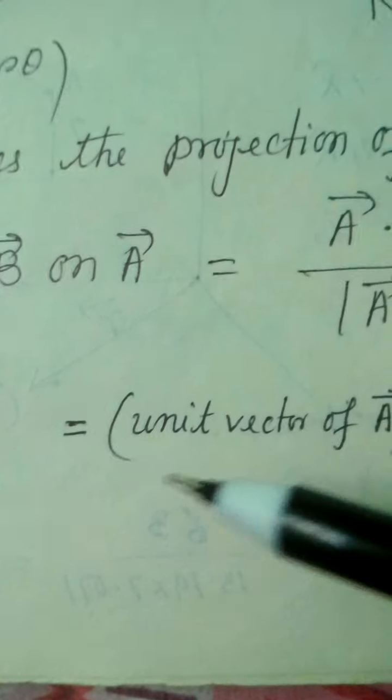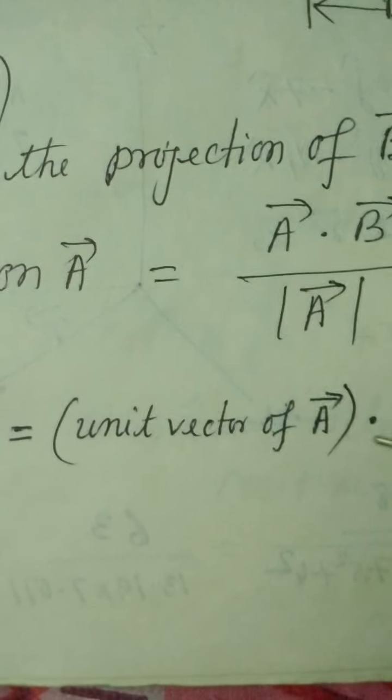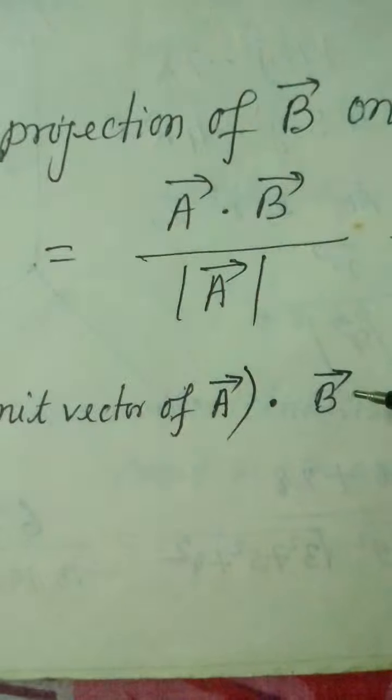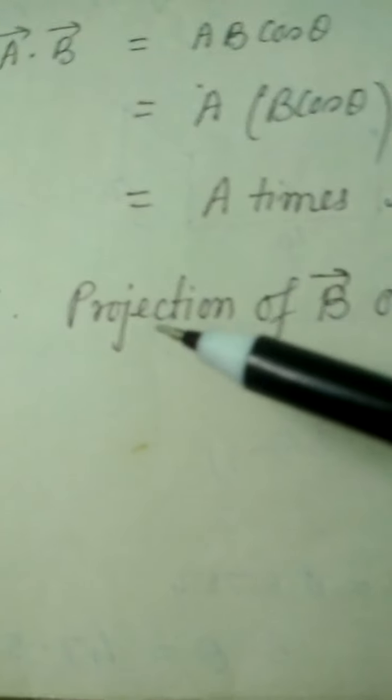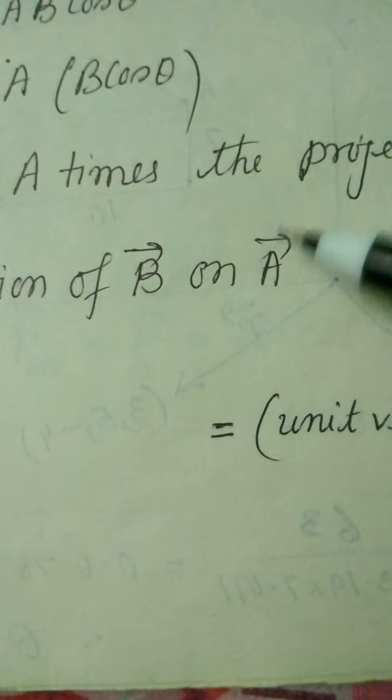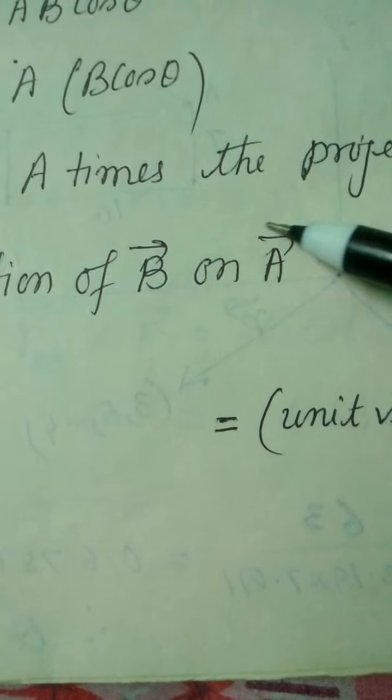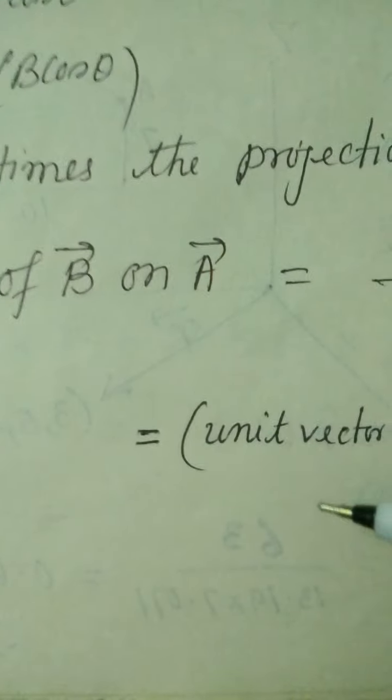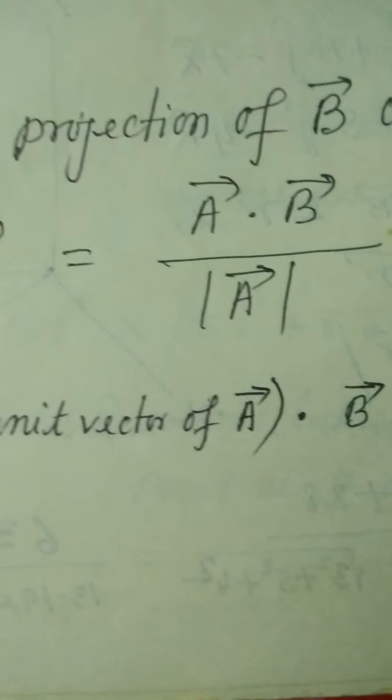So what is the projection of B on A? On A means this is the unit vector of A dot B. You understand? Unit vector of A dot B.